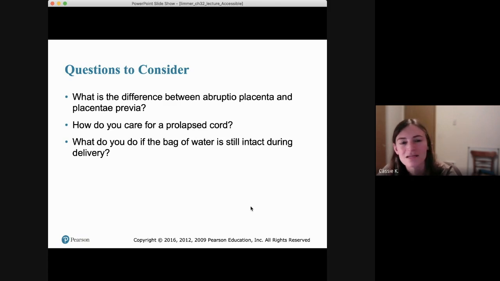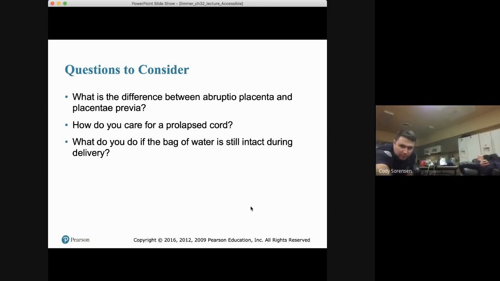All right, so we didn't really talk about it, but what's the difference between abruptio placenta and placenta previa? Does anyone know? Is abruptio placenta where it actually separates, and placenta previa is where it's attached in a strange spot? Yeah.